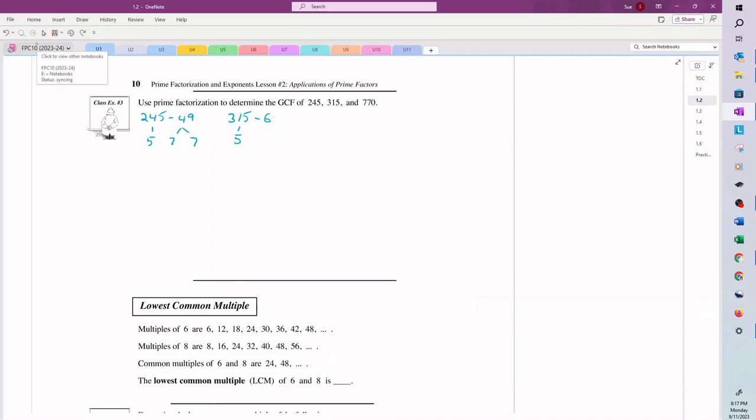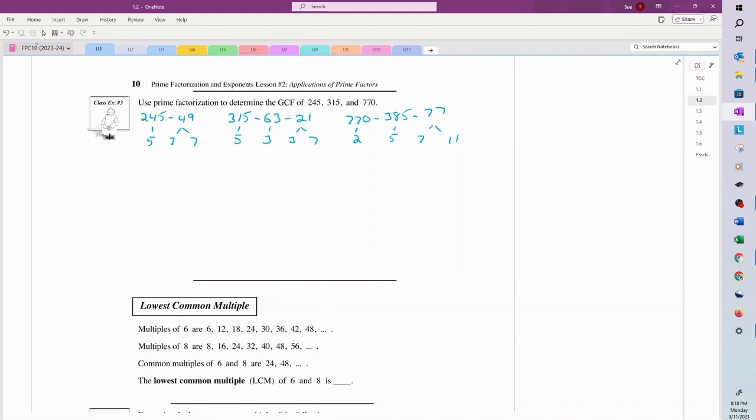Anyway, my calculator tells me that that's 63, and I know that 63 is 3 times 21, which is 3 times 7. And then 770, if I divide that by 2, I get 385, which if I divide that by 5, I get 77, which is 7 and 11.